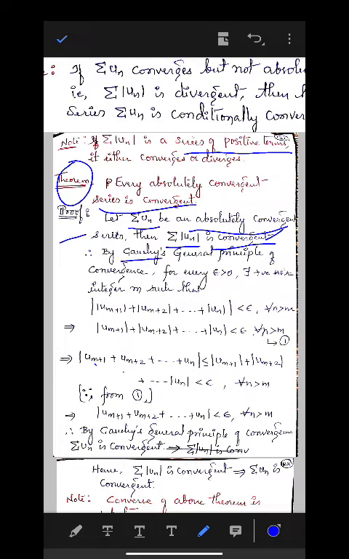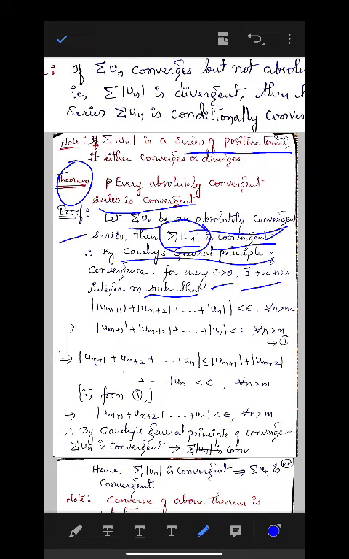So by Cauchy's general principle of convergence, for every epsilon greater than 0, there exists a positive integer m such that modulus of um+1 plus um+2 plus so on plus un is less than epsilon for every n greater than m. That is the statement of Cauchy's general principle for the given series. But according to the definition, we have that summation modulus of un is convergent.